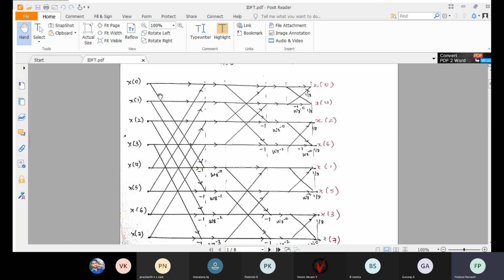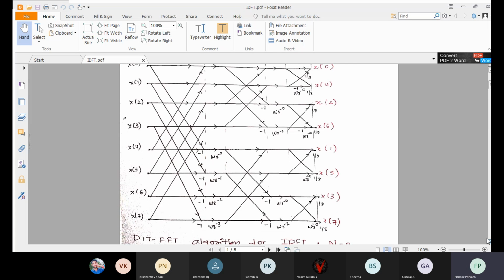This is the first stage, that is 8 point, this is 4 point, and this is again 2 point. So x of 0 and x of 4 will be connected like this. Then x of 1 and x of 5, x of 2 and x of 6, and x of 3 and x of 7 will be connected. So that is 8 point.